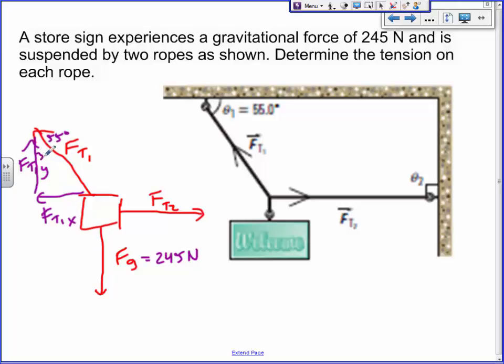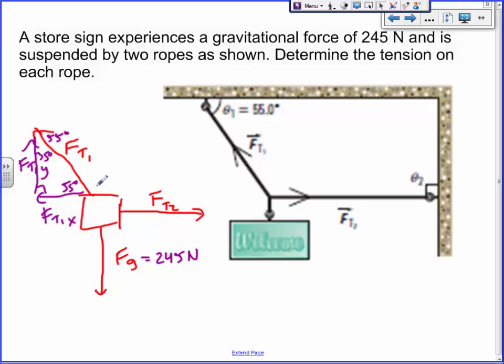Yeah, 35. Why would it be 35? Because they add to 90, right? Or what I could then say is, if this is another 90 right here, this one right here is also 55. So I guess I lied. You actually have 2 numbers, but in terms of a value that we can start working with, this 245 is really the only force value we have.